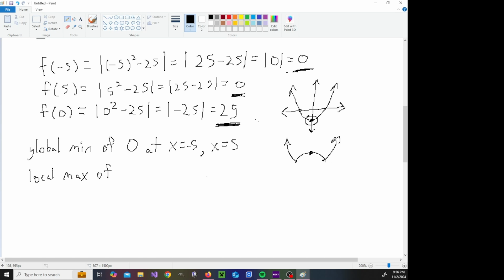And what is that value? 25. What is the x value there? 0. So we have a local max of 25 at x equals 0. And this is what it looks like, right? This would be my x squared minus 25, and this is what the absolute value of x squared minus 25 looks like.